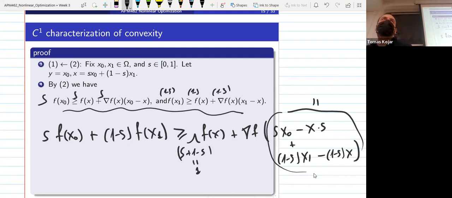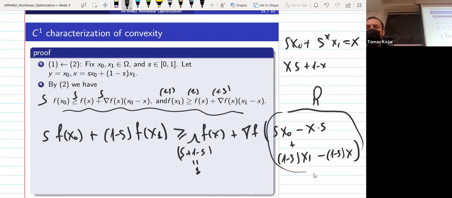The simplest answer you can think of. It's 0. And that's because s times x naught plus 1 minus s times x1 is x, so they cancel out.